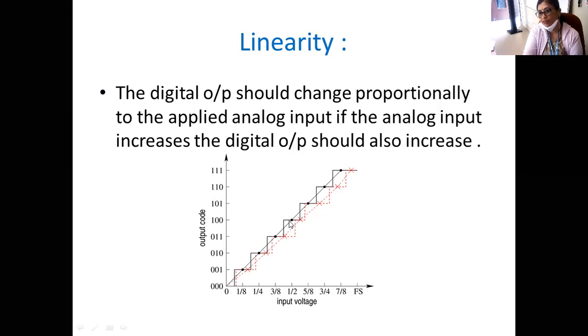In this diagram, you can observe that output is changing linearly with input. For this, these steps should be increasing in order and they must be of the same size. Then and then only we can say that analog to digital converter is linear in nature, and there is one-to-one correspondence between input and output of the analog to digital converter.